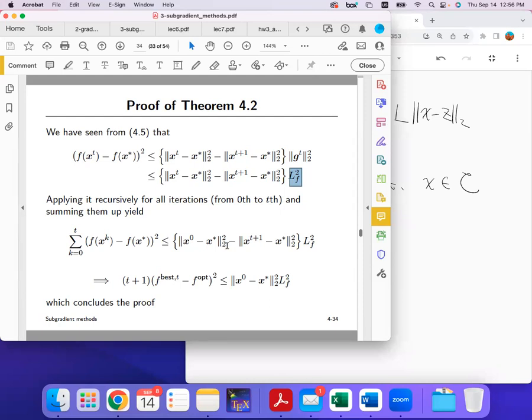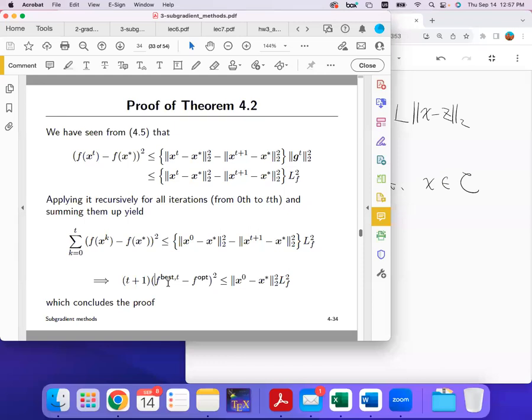Now we can further drop this term because we are subtracting a positive number. So we drop this term. We have initial distance times L_f squared. On the left-hand side, I can relax f(x_k) by the best function value, the minimum function value I achieved in the first t iterations.